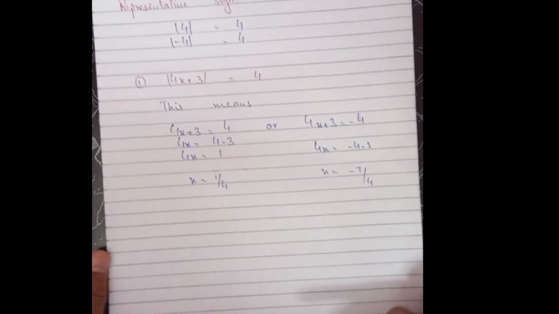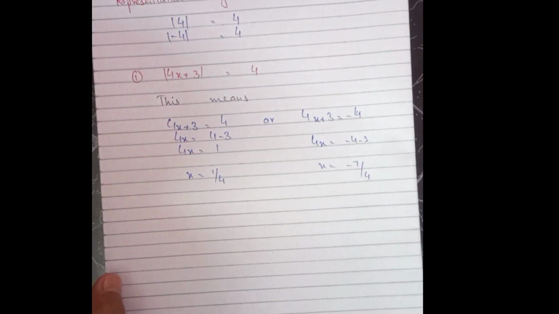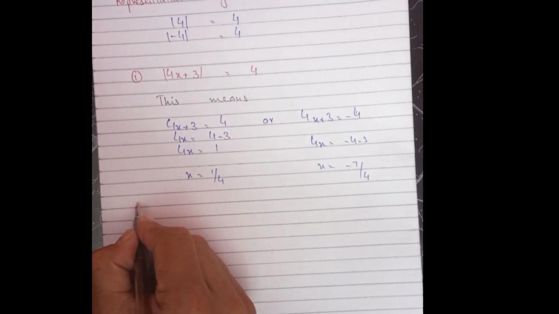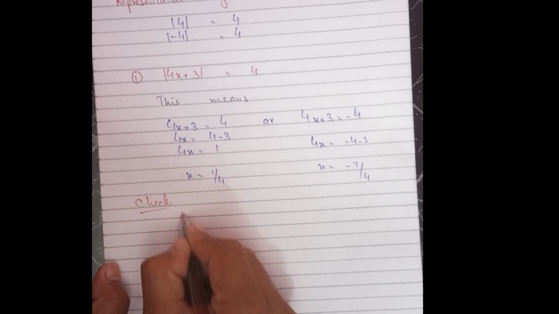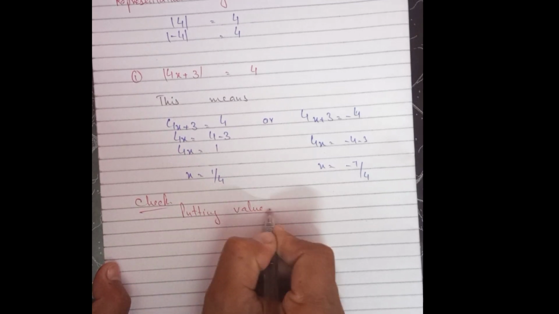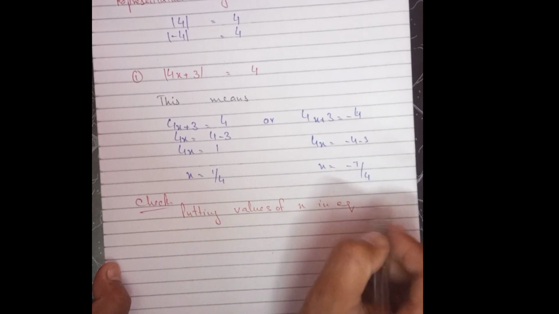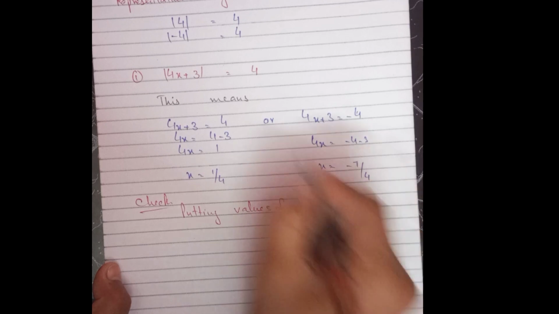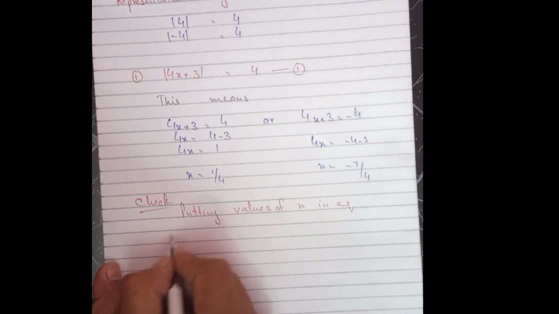Now we will prove it. These two values are the solution set, the actual values of x that satisfy this equation. So we put a check here. In the check, we will put the values of x in the given equation, which we can call equation number 1.